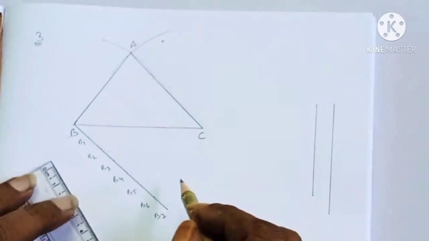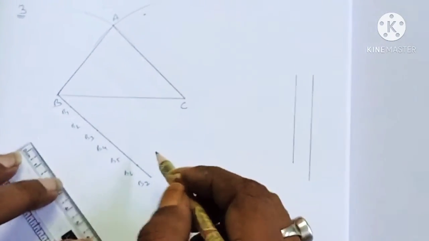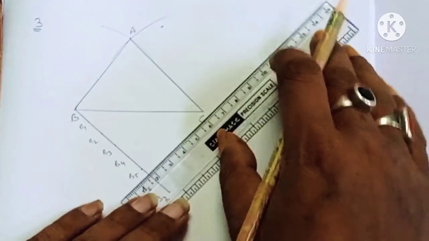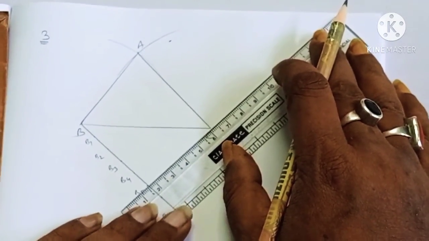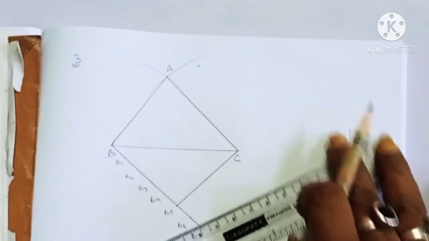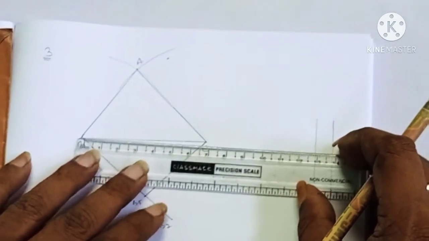Now since the ratio given is 7 by 5, this fifth point will be joined with C. And now I have to produce this BC.